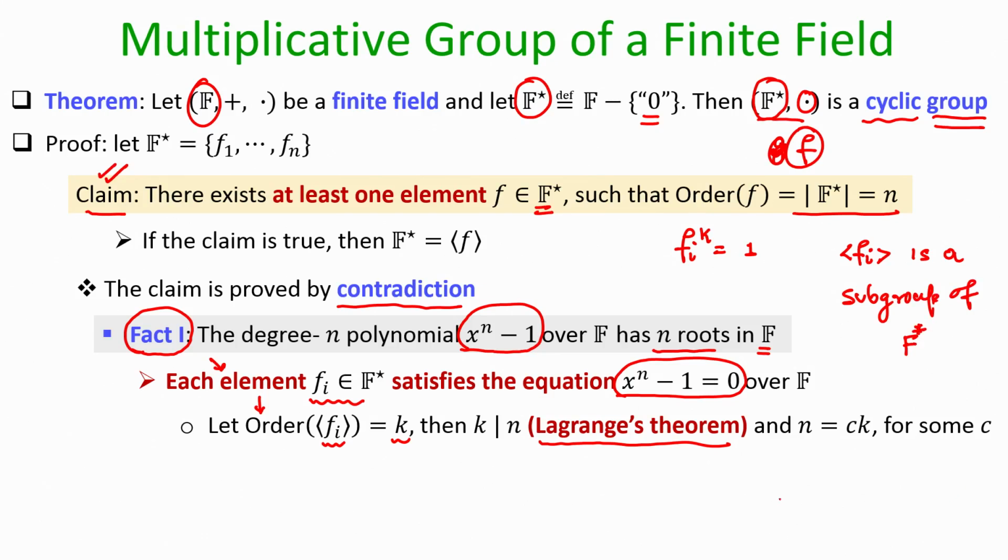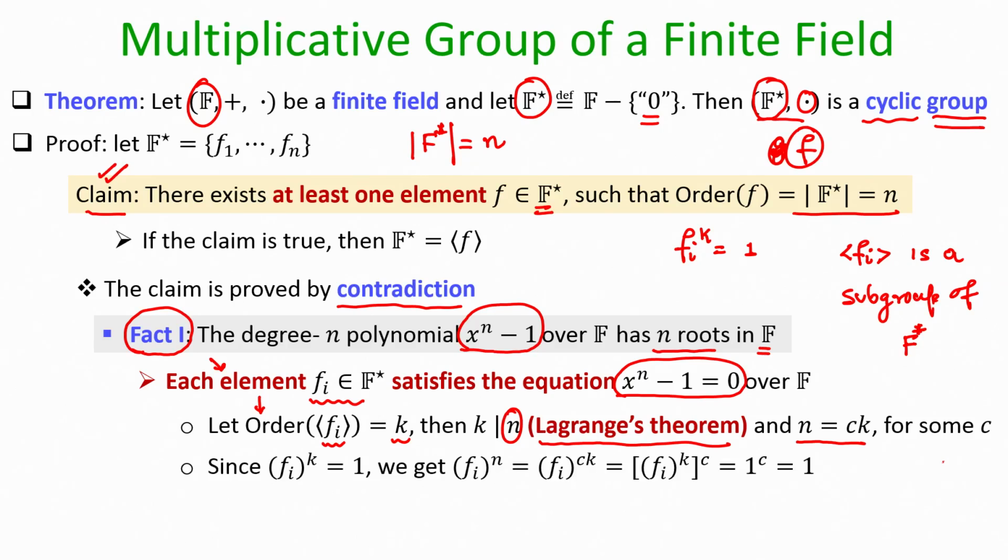Then as per the Lagrange theorem, the order of the cyclic subgroup generated by f i should divide the order of your parent group, and the order of the parent group is n, because as per my definition F star's cardinality is n. So, n is divisible by k, that means n can be written down as some c times k.